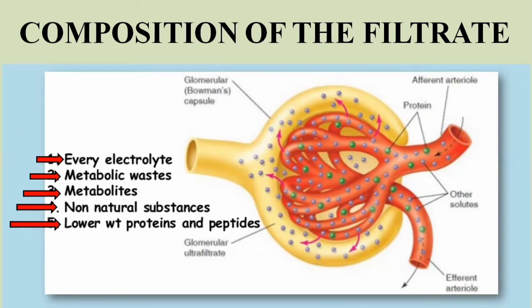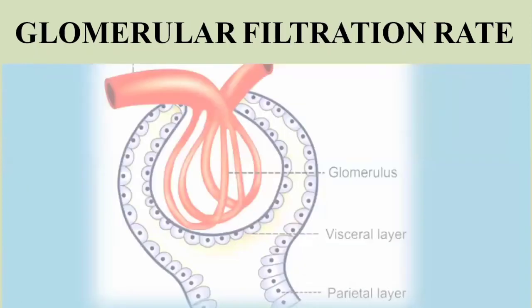When this filtrate travels down into the tubular portion of the nephron, almost 99% of the filtrate is reabsorbed, that is, the useful substances are reabsorbed, and the remaining waste products are eliminated from the body. So there is a specific amount of filtrate formation per minute.